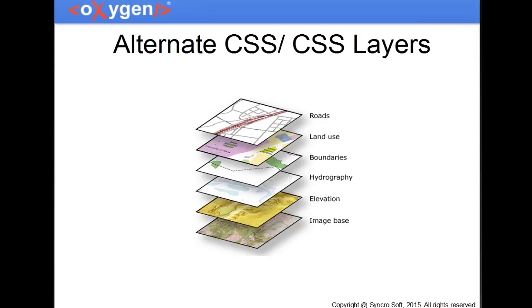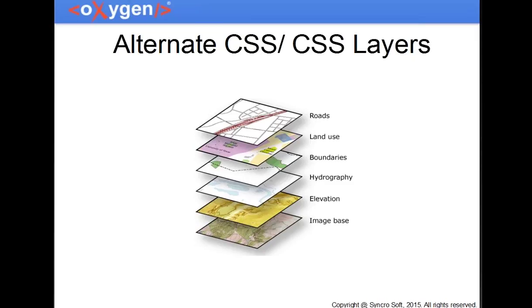Another new addition concerns the alternate CSS support. This is not something new. In the author mode, you could, for a long time, define a number of CSSs, each representing a different way of rendering the document in the author mode.